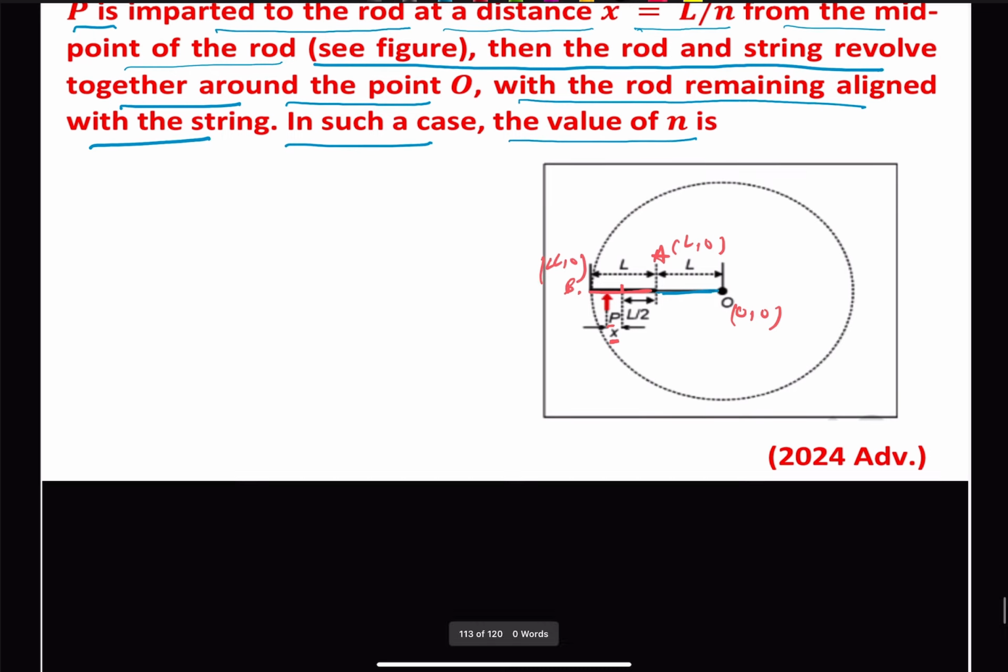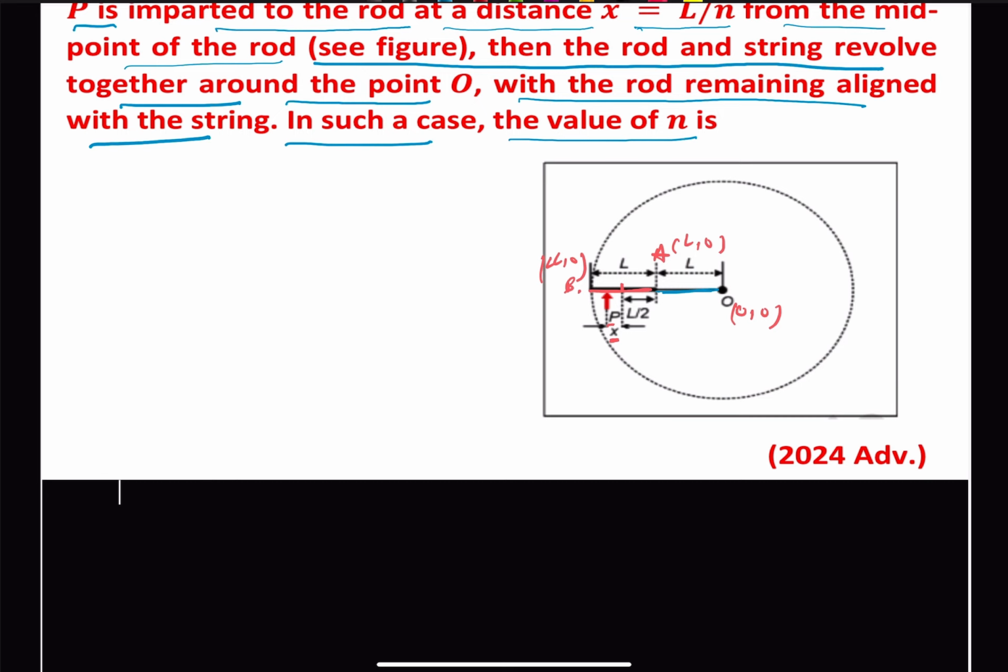So let's first of all define the geometry and coordinates.